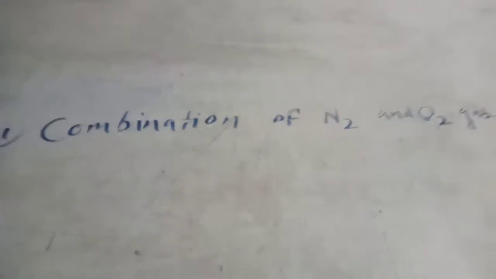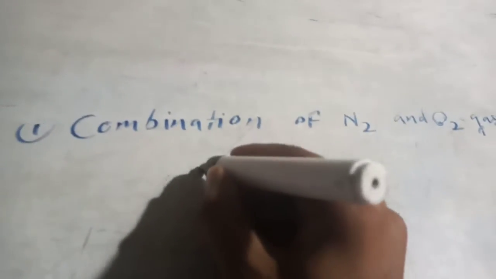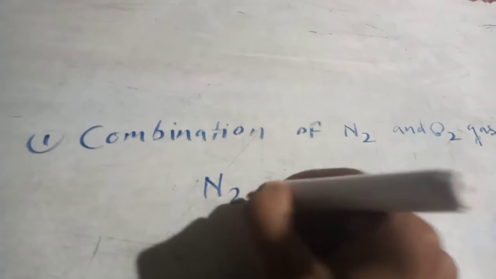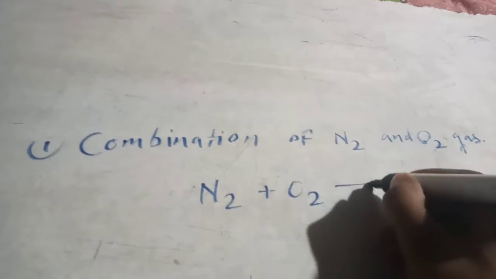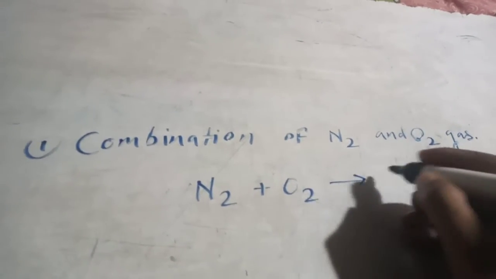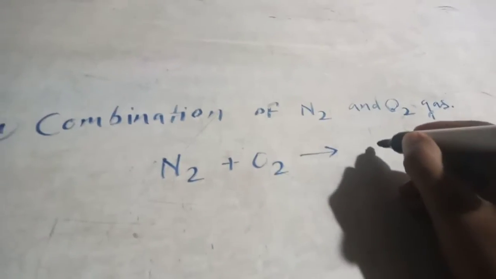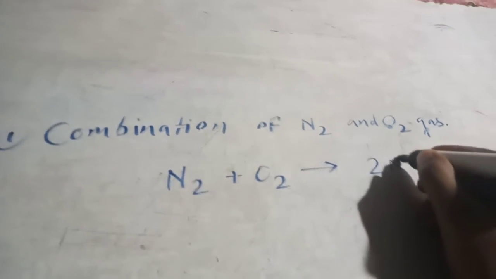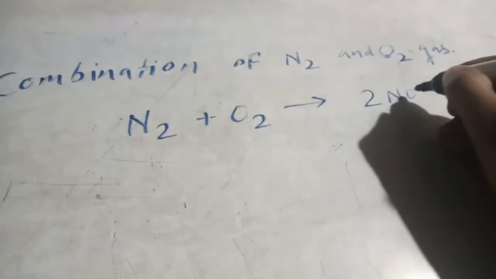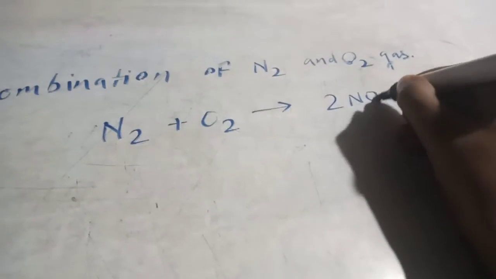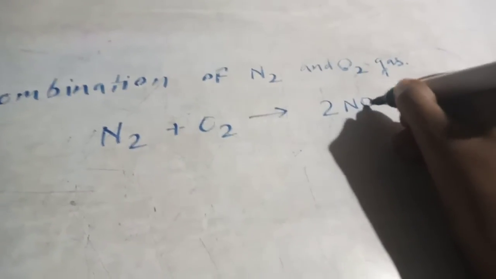That is N2 plus O2 gives 2 NO, nitrogen oxide.